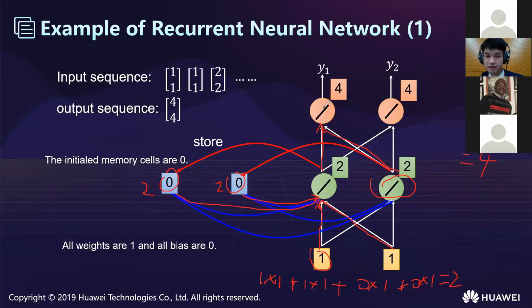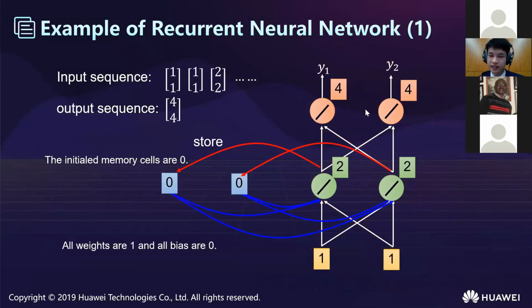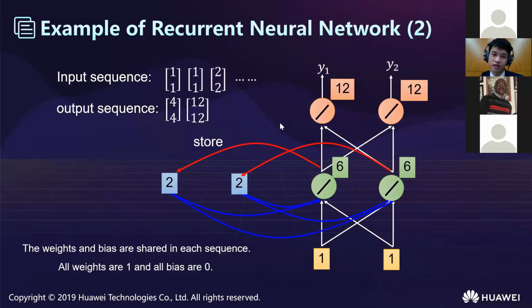Can you understand? Yes. Okay, thank you. So that is the same way we get the 4 here. Okay, and then we input the second word, that is 1, 1. So can you tell me how to get the 6 here?